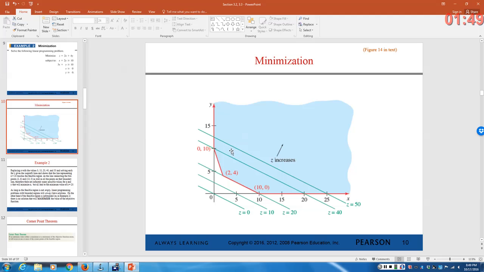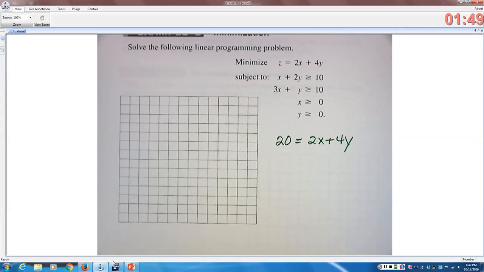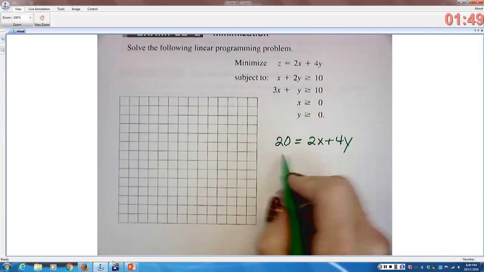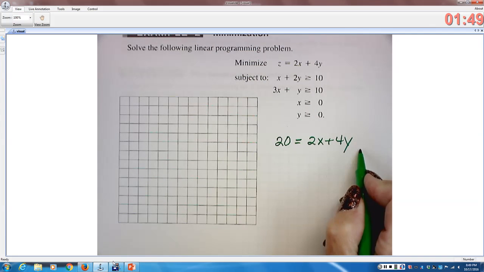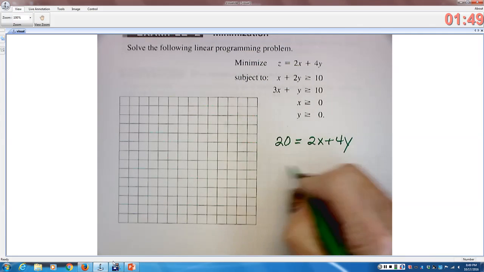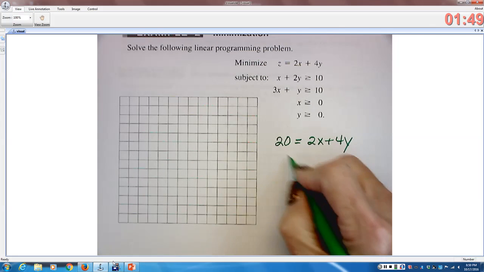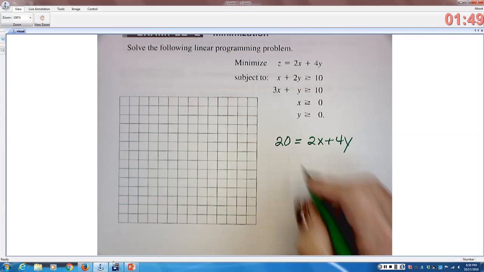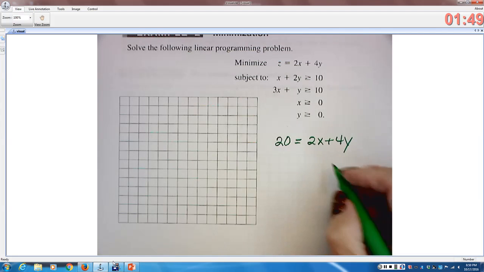So when I chose 20, back over to the screen, because that one actually laid on the edge of the feasible region, then I have 20 equals 2x plus 4y. And if you want to solve it for y, you can, or you can leave it the way that it is.